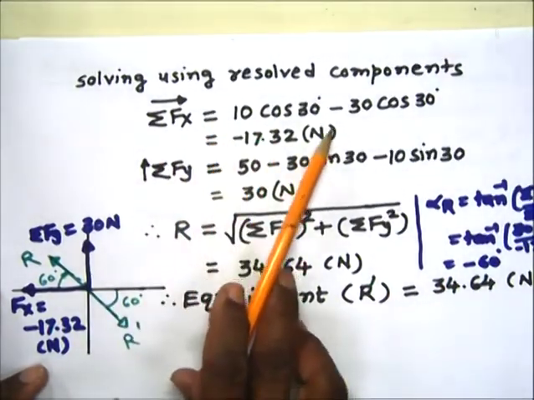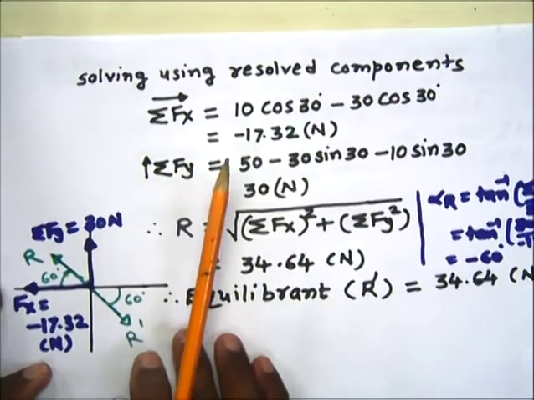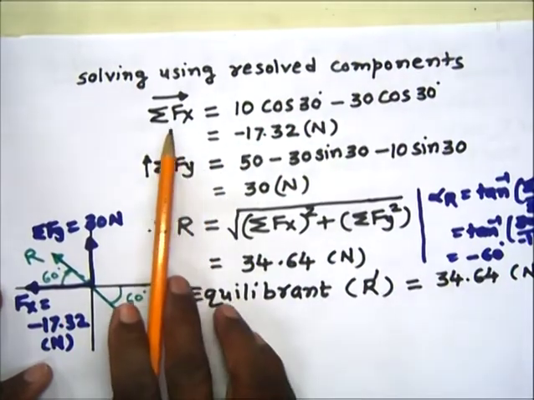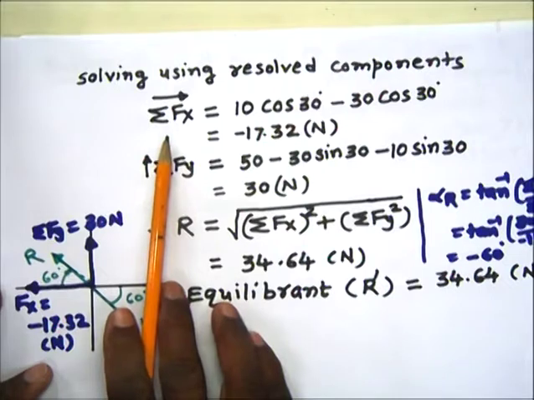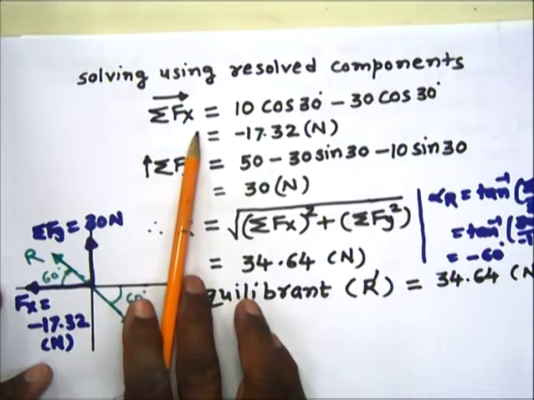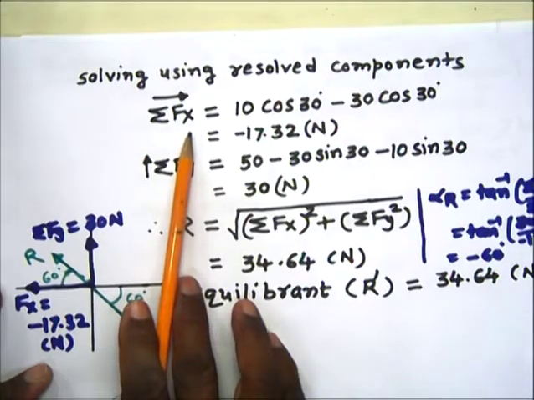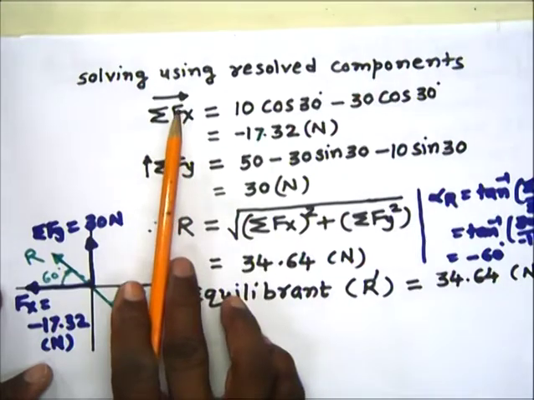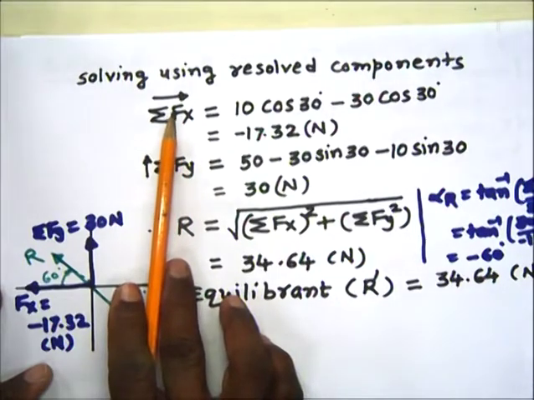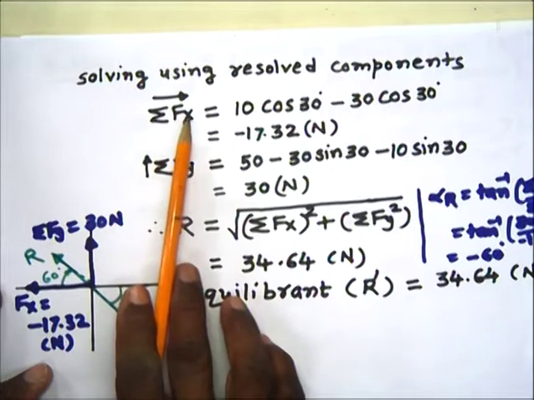Now, using the resolved components, we have to do the algebraic sum. So here sigma fx is the algebraic sum of all forces acting in the x direction, and we will also have to consider sign.